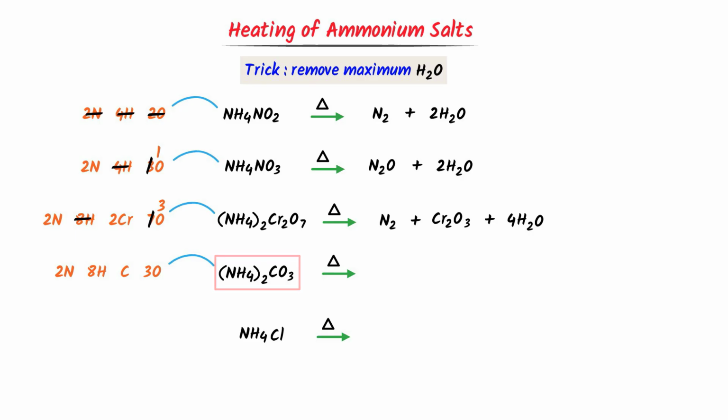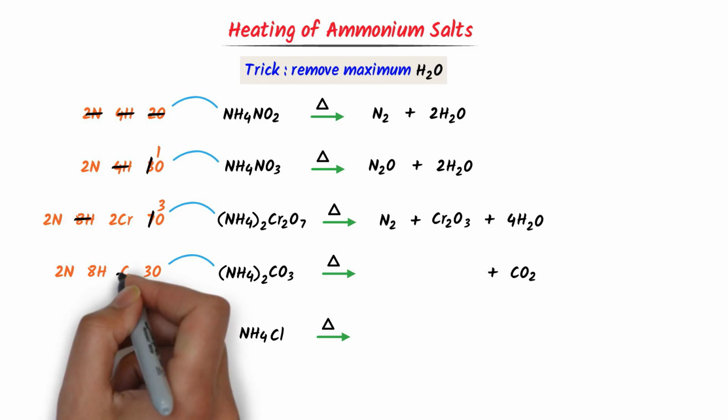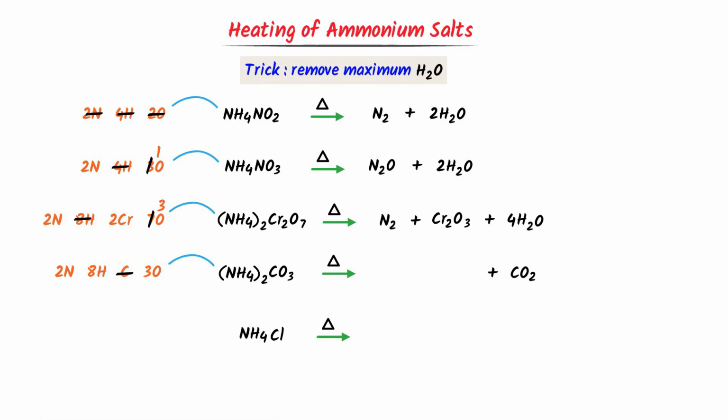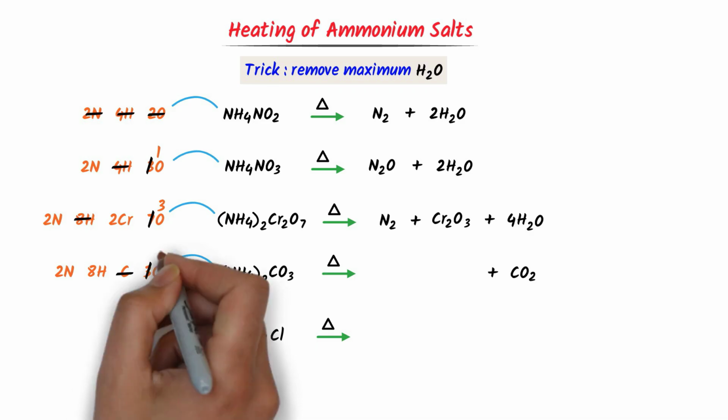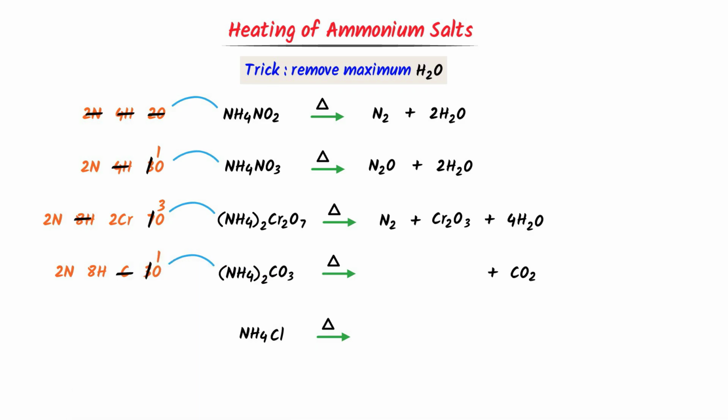Here, 1 atom of carbon and 2 atoms of oxygen are combined together to form carbon dioxide gas. I cancel 1 carbon and out of 3 oxygen, 1 oxygen is remaining. Secondly, out of 8 hydrogen atoms, 2 hydrogen atoms are remaining.